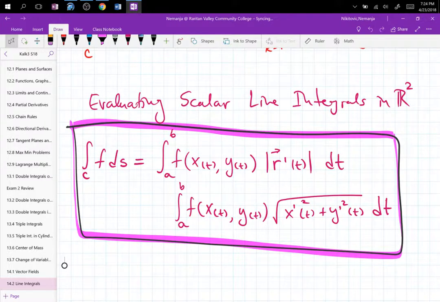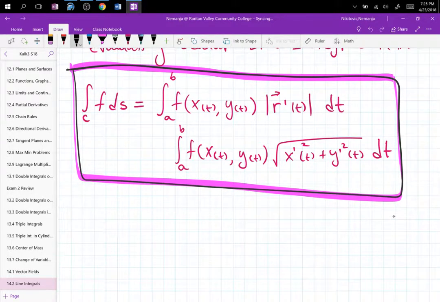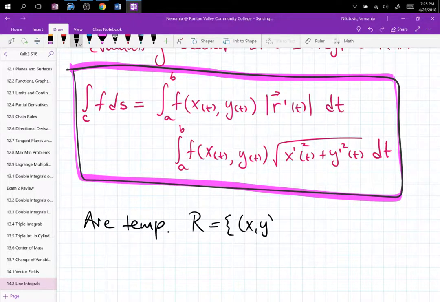So let's take a look at one of the examples. So we have the average temperature. I'll do some from the homework. We can start here. So average temperature. So the temperature on the circular plate R. There you go. They're giving you R, where x and y is such that we have a unit disk in this case.